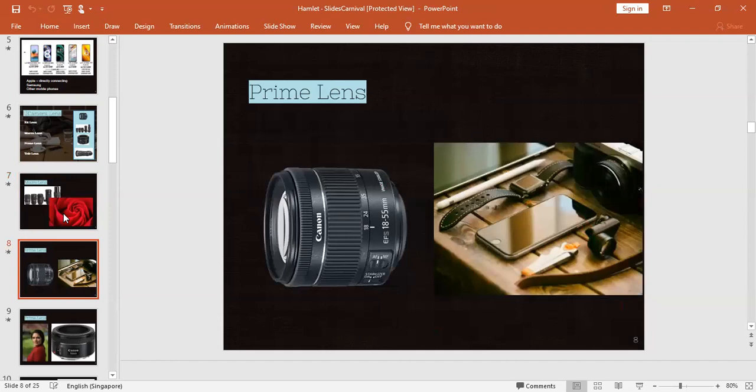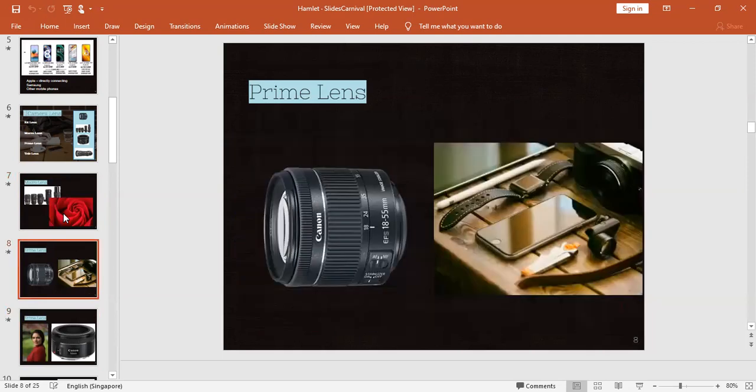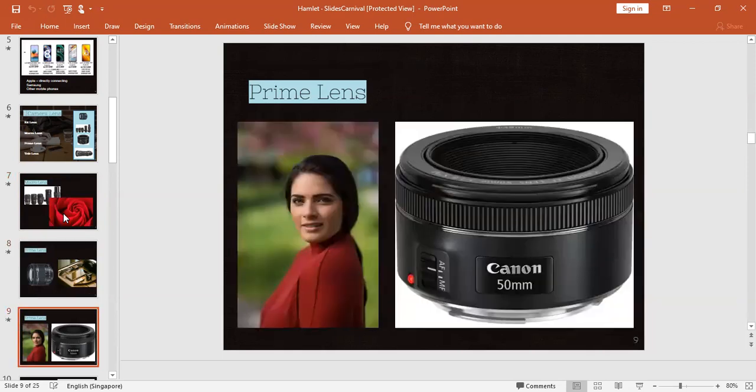And for a prime lens, most of the time we'll be using a prime lens to get model shoots and all. When it comes to a model shoot or branding, or when you are taking a picture to market a product or something, we'll be using a prime lens.